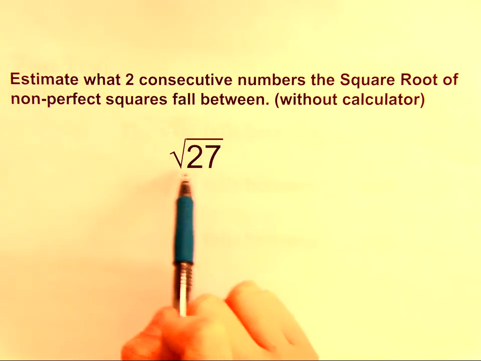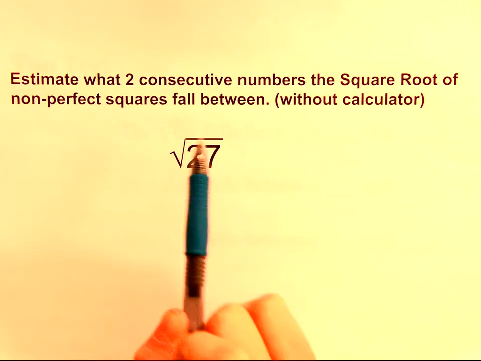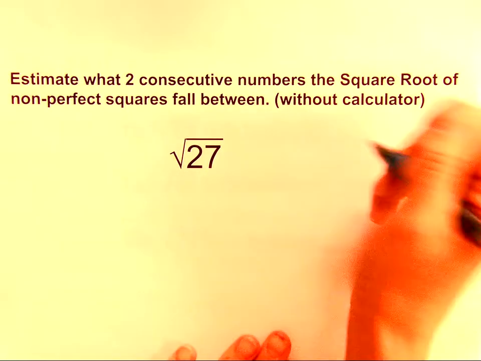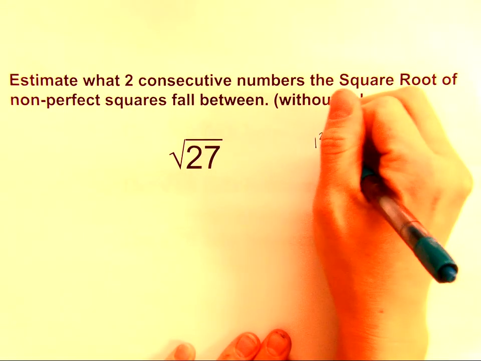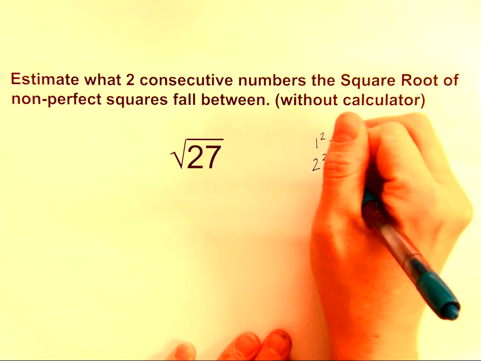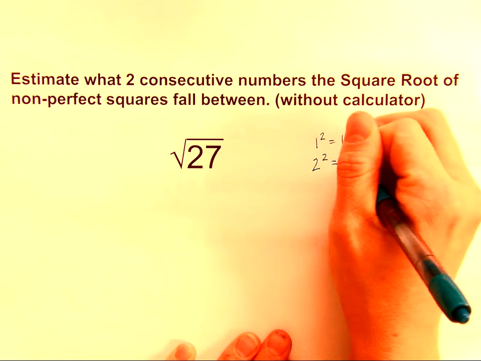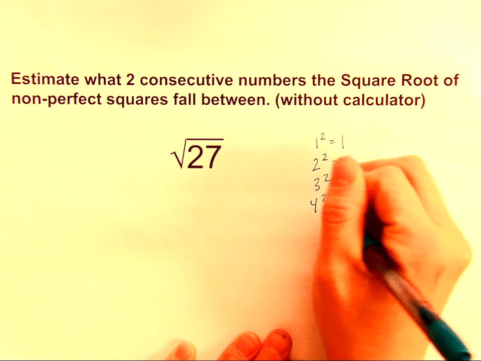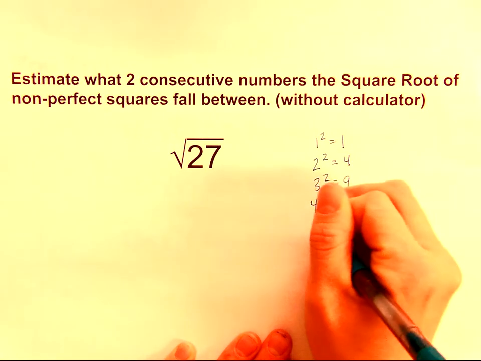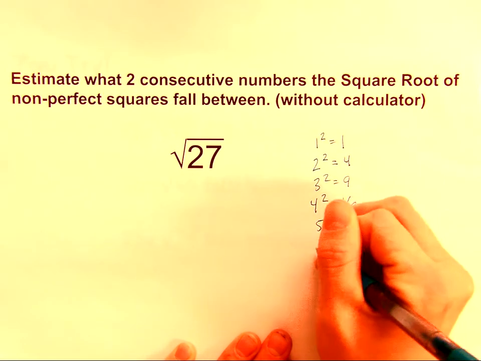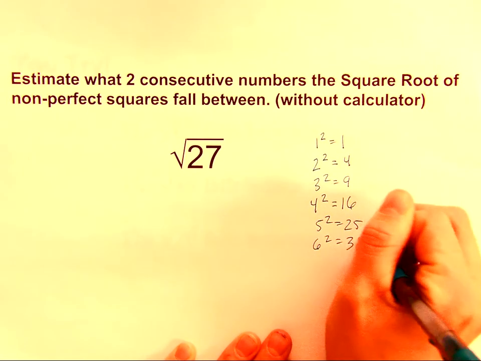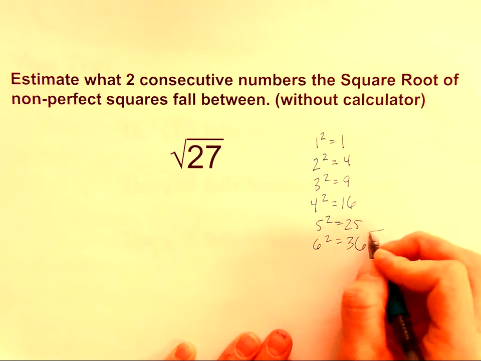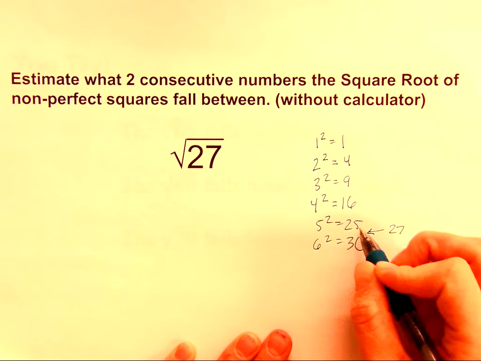So even though 27 is not a perfect square, we still need to know what our perfect squares are. So if I can make a list quickly in my head, which we practiced in the last video, I can stop right here because I can see right now that 27 falls between 25 and 36.